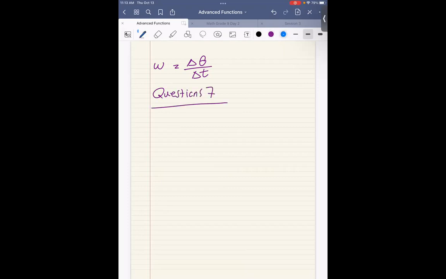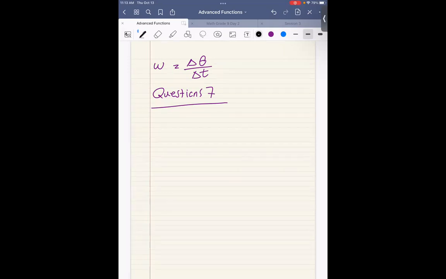For question 7, what is the change of angle when Earth rotates in 1 day, in 24 hours? In 24 hours, Earth does just one cycle, right? So it rotates one cycle.